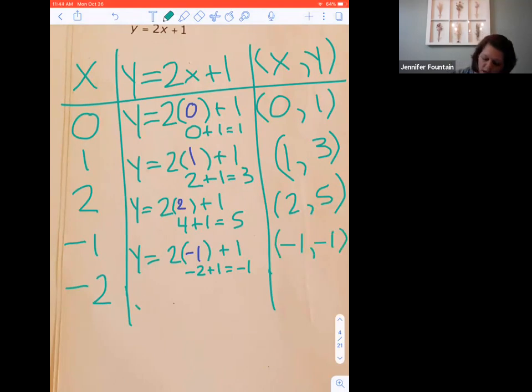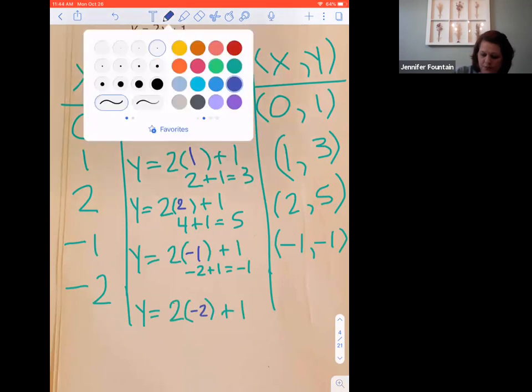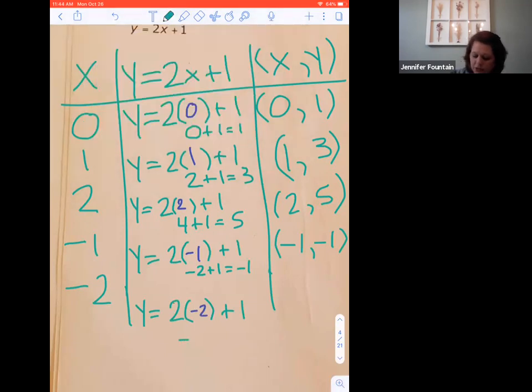And then the last one, y equals 2. I'm going to write my parentheses plus 1. In parentheses, I write a -2. 2 times -2 is -4. -4 plus 1 is -3. So if x is -2, y is -3.